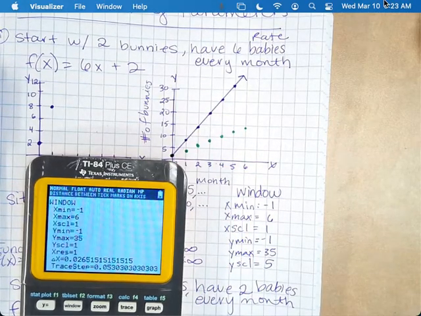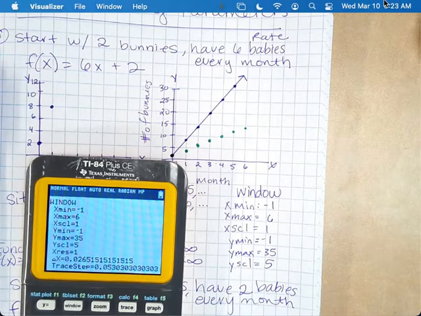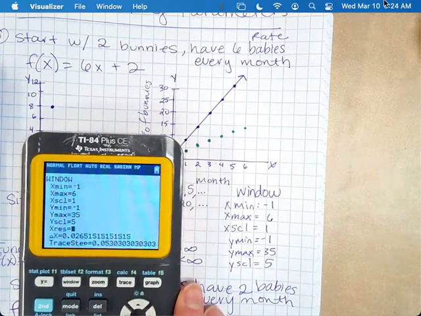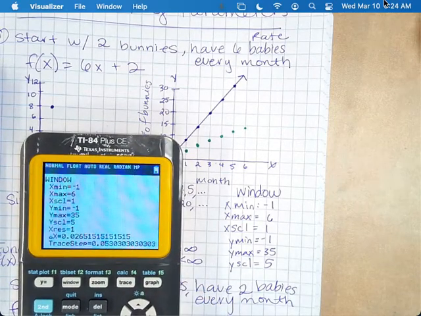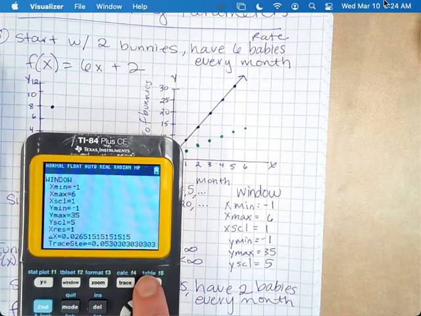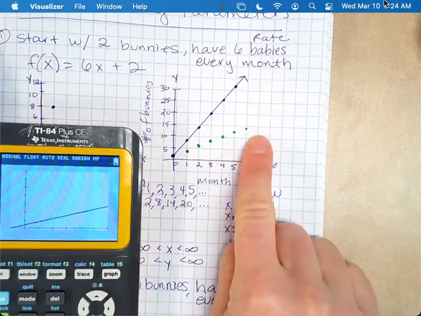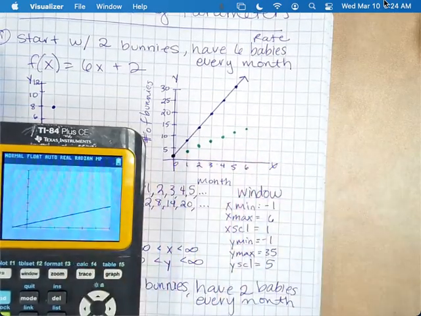Y scale, 5. Okay, let's graph it. Okay, so that's the green one on mine.